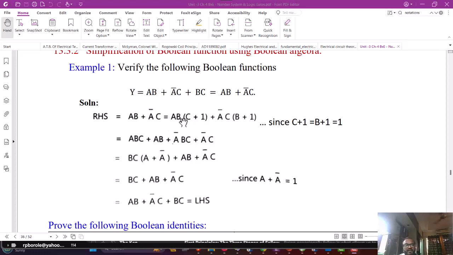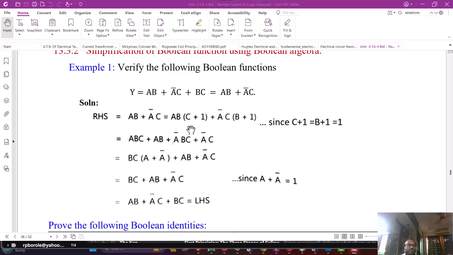So AB into 1 is AB itself, and 1 can be replaced as C or 1 because anything ORed with 1 is 1. So we will substitute 1 as C or 1 here, and in the second term we will substitute B or 1 as 1. This doesn't affect the expression because C or 1 is 1 and B or 1 is also 1.